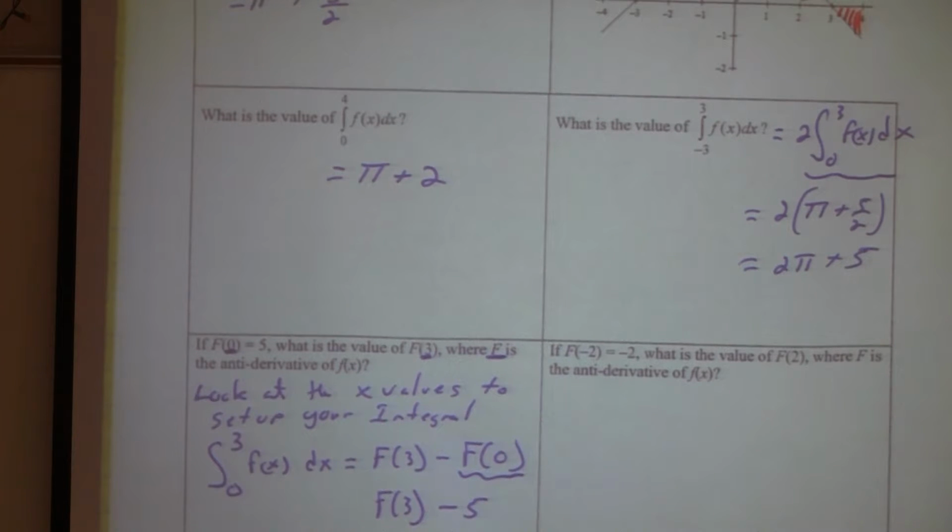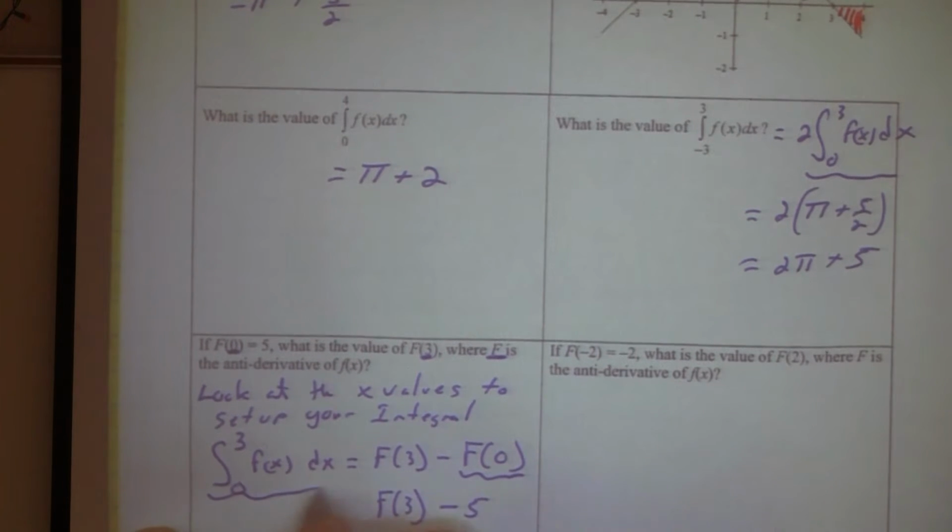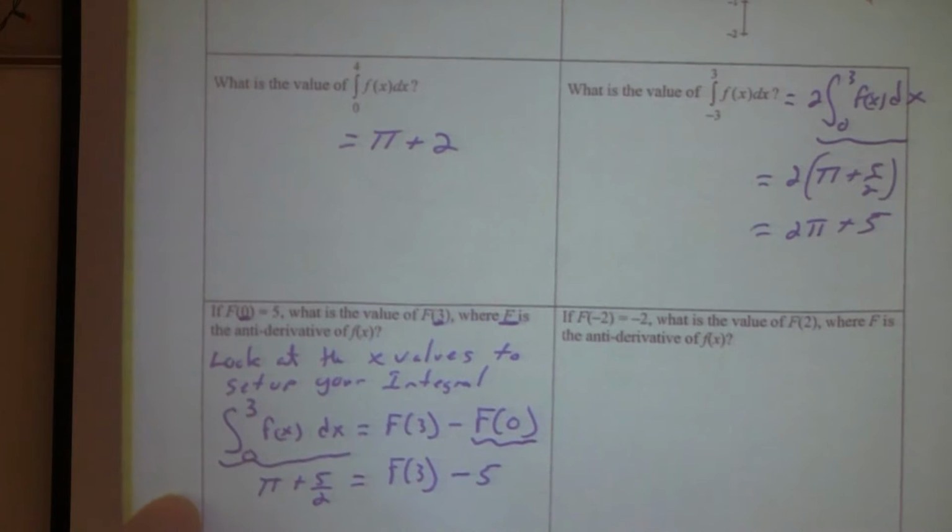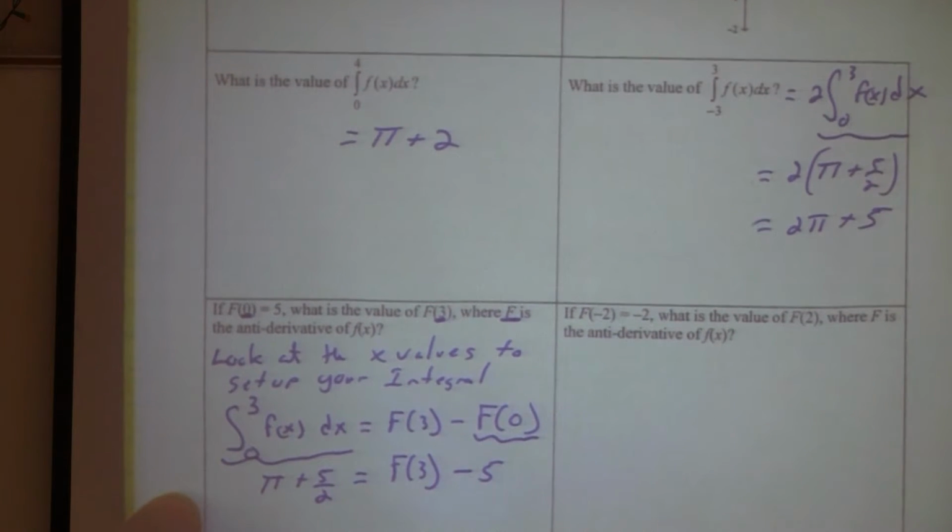Do you know the integral? Do I know what this is equal to? Yes, we did it earlier, right? On the first example, from the graph? What was that equal to? Pi plus 5 over 2, so we can plug that in. And now we have an equation that we can solve to figure out what f of 3 would be equal to. Pretty cool?